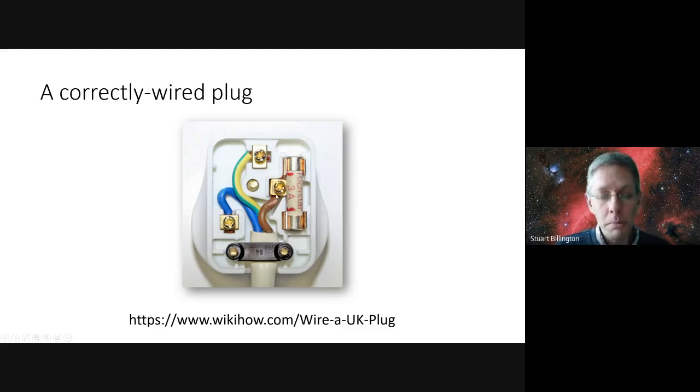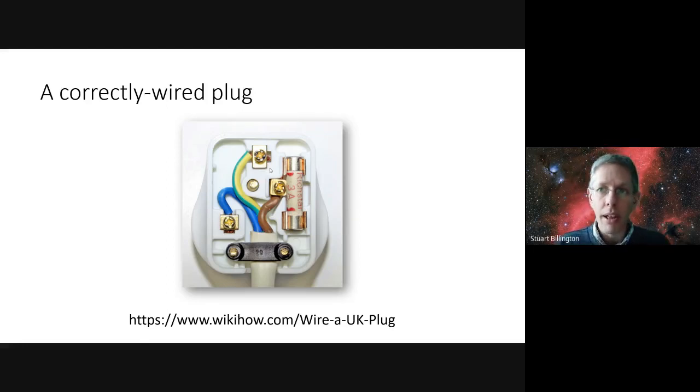So you must make sure that the brown wire is connected to the correct pin, the blue wire is connected to the correct pin, and this stripy wire, which is supposed to remind you of hazard tape or something like that, is connected to the top pin. And you can't muddle them up, because at the other end of the wire, it's connected to a TV or a lamp or a radio or something.